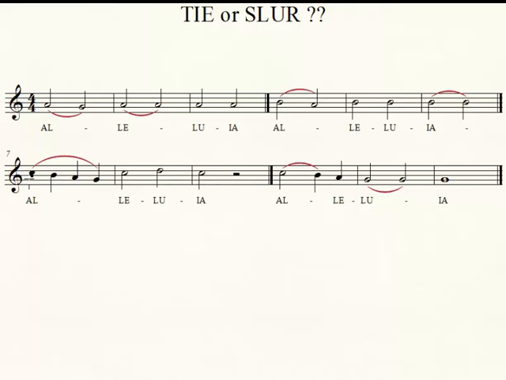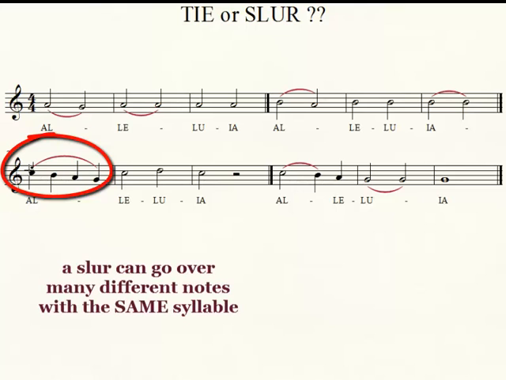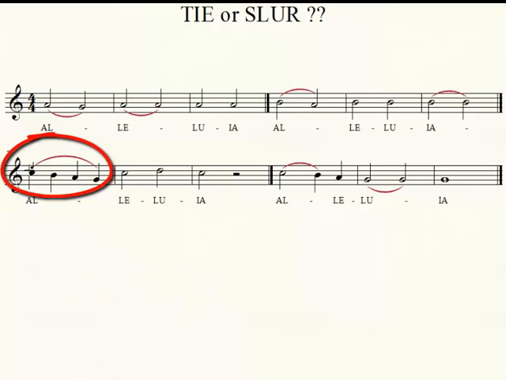On the second line now, a slur can also slur over many notes, such as this example of the word, the syllable ah, going for 4 different notes going down.